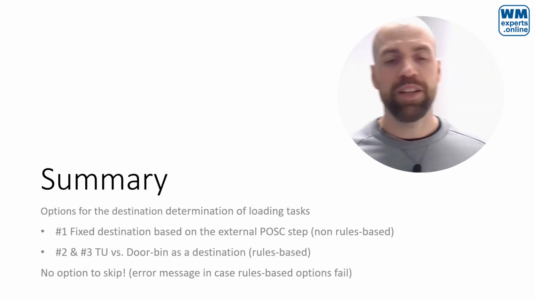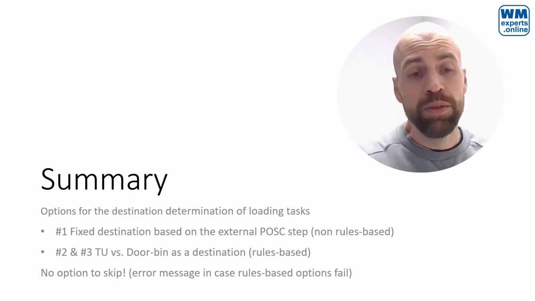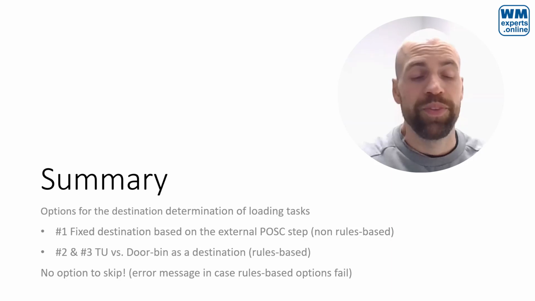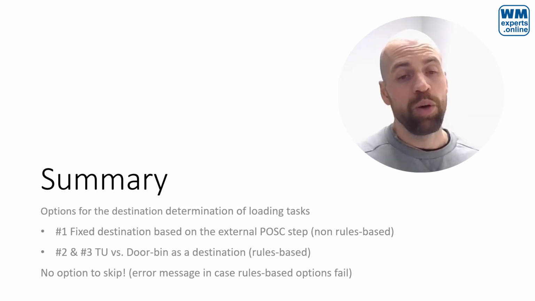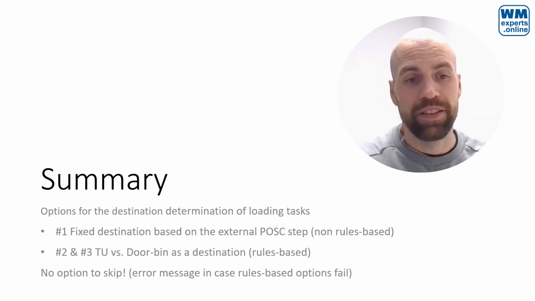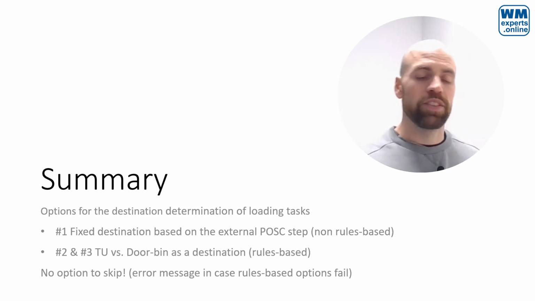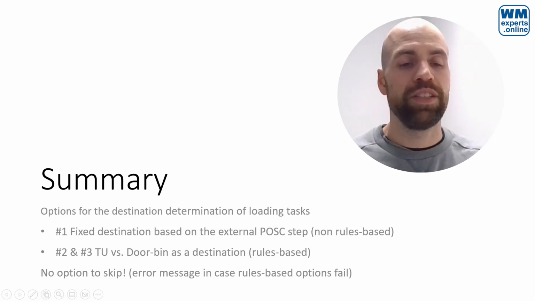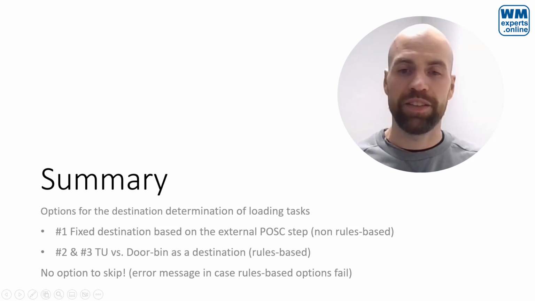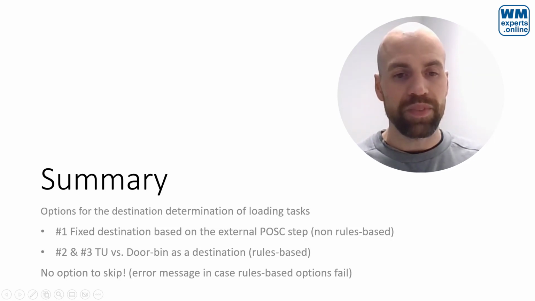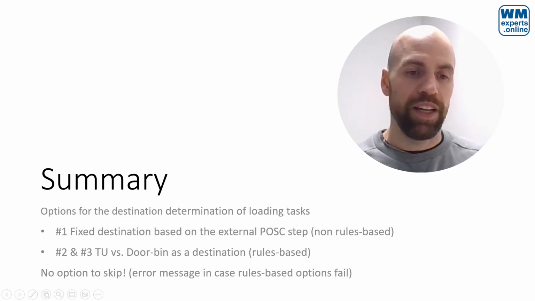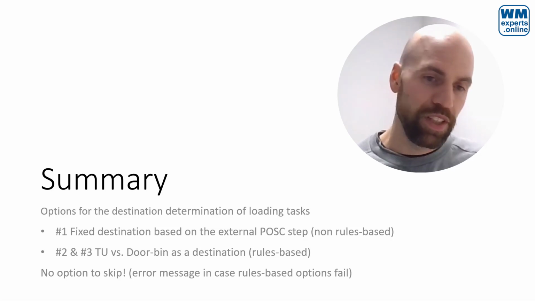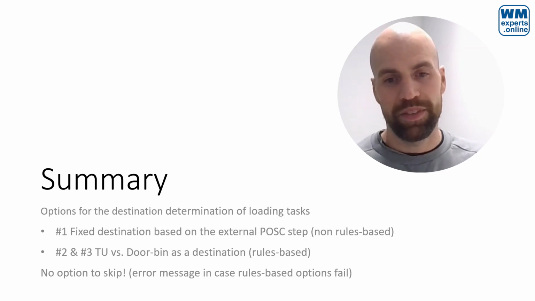And then there's a rules-based option, either the TU, which is currently assigned to the delivery item, or a door, which is given on item level, and then the door bin as destination in the task. Now there is no option to skip this step, so if those 3 do not return any result, so the non-rules based or the rules based, then we will get an error message. It's not foreseen to skip this step.